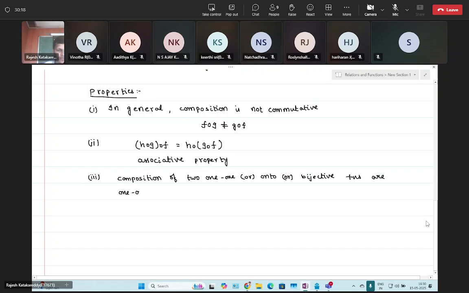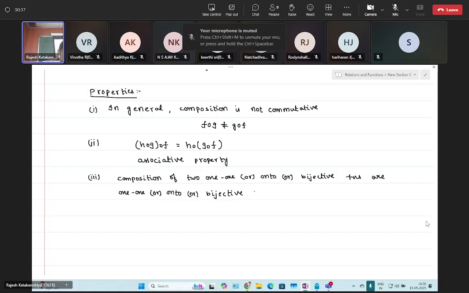If f and g are 1-1, then f composition g, if it is defined, is 1-1. If f and g are onto, then f composition g, if it is defined, is onto. Same thing, if f and g are bijective, the composition is also bijective if it is defined.